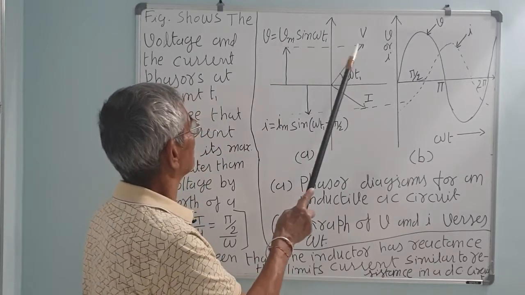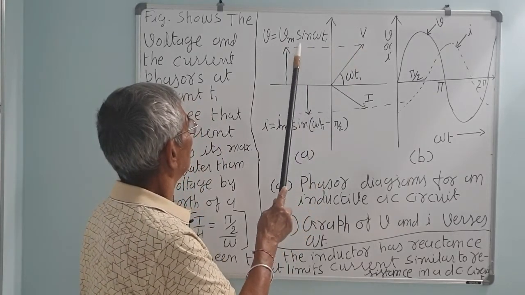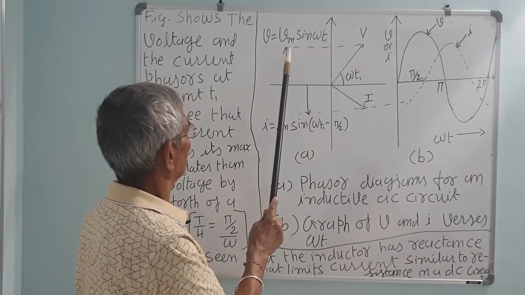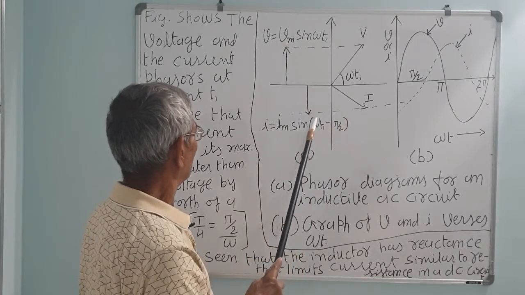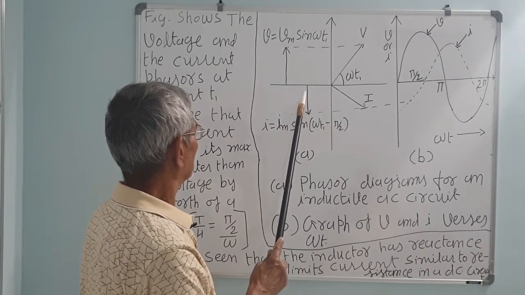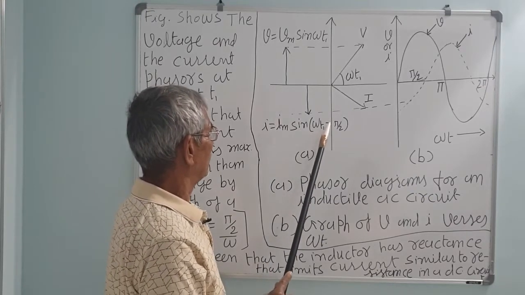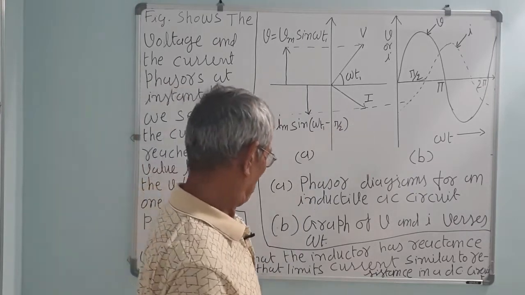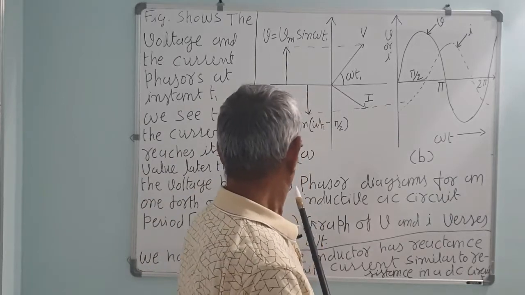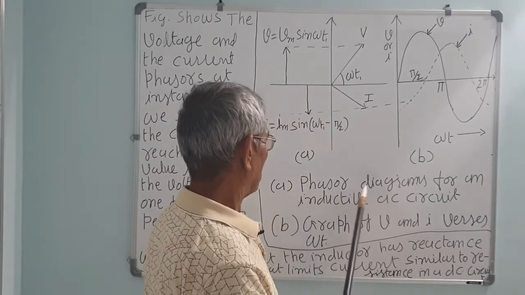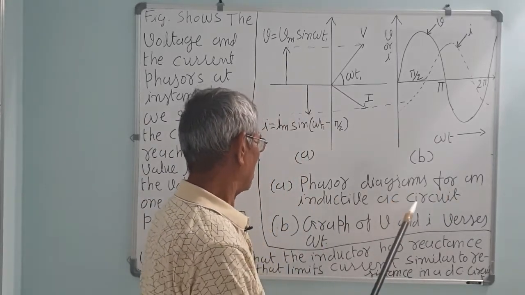These are the projections of the voltage V. Correct? This is the projection of current I. This oscillates. I is equal to Im sin(omega t1 minus pi by 2). So these are the phasor diagrams for an inductance in an AC circuit.